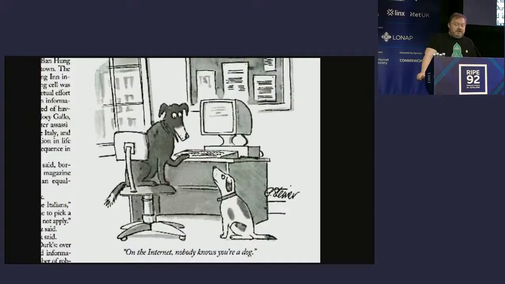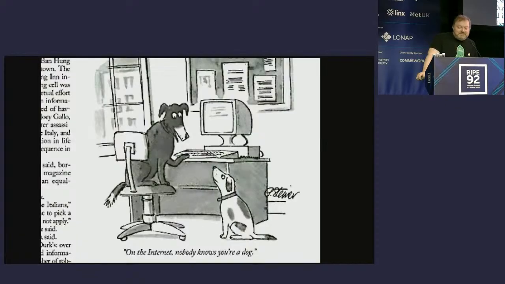It's on the internet. Nobody knows you're a dog. You've all seen this one, obviously. You've been on the internet, I've been told. I would also comment that 1993 was the era of low-resolution scanners. I've tried to find a better picture of this online, but unless I spent $175,000 for the original, there was really no chance of me getting something better.